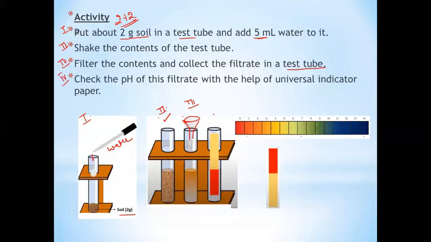Step number 4, check the pH of filtrate with the help of pH paper. And step number 5, check it from the pH chart. What is the pH of the soil?